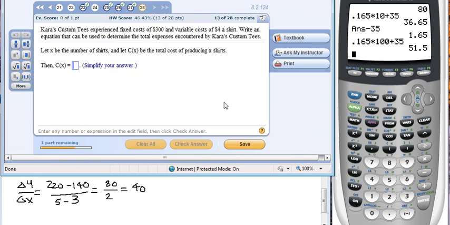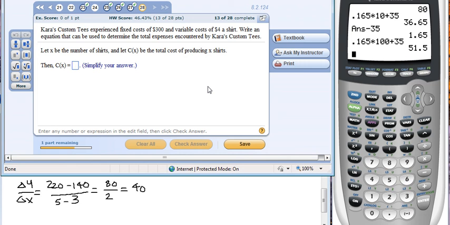All right, last one. Okay, we have a custom t-shirt shop. Let's talk about fixed costs and variable costs. Okay, so the fixed cost means that no matter if you make 0 t-shirts or 2,000 million t-shirts, if you make a ton of t-shirts, you've still got that $300 cost.